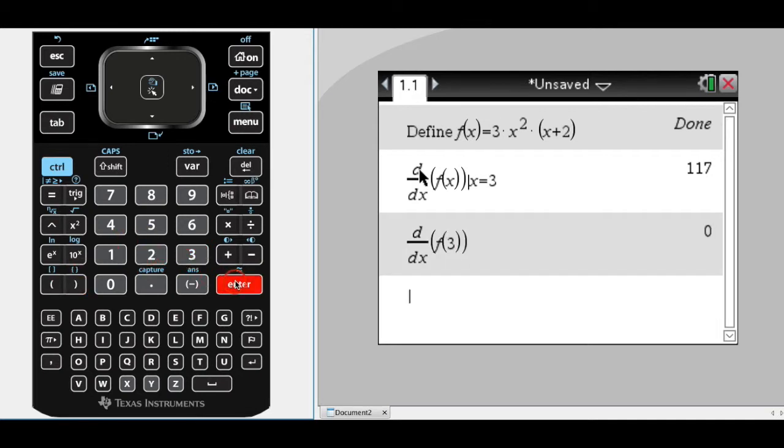And the result is 0. And the reason for this is because what the calculator does is that first of all, it evaluates what f of 3 is. So it takes 3, throws it into the original function. And of course, when you do that, you're going to come up with some kind of constant. That constant is then going to be thrown in to this derivative expression. And if you take the derivative of a constant, you're always going to end up with 0.